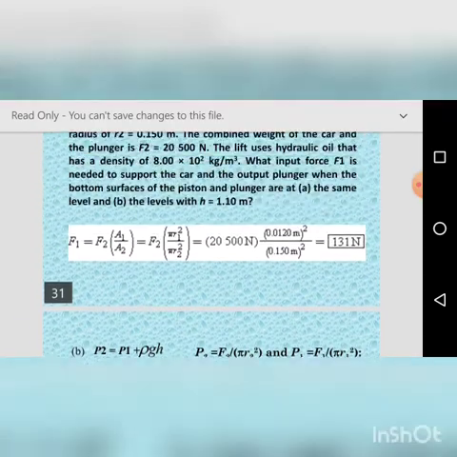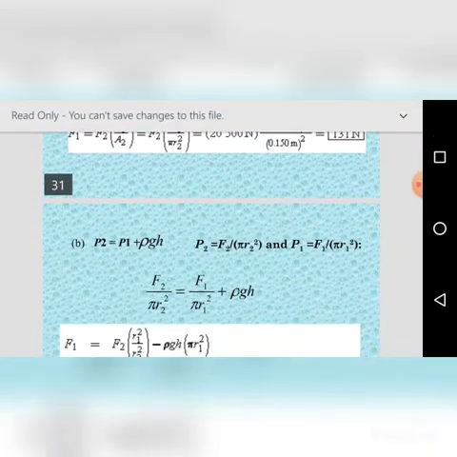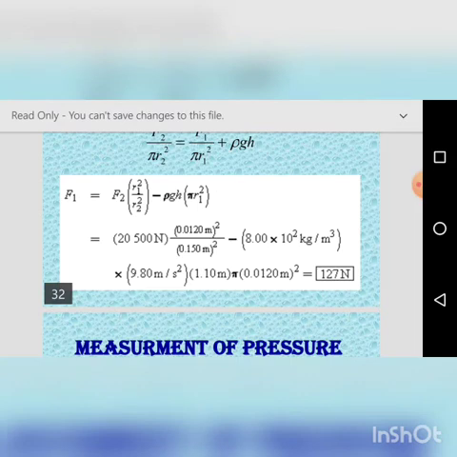If the levels differ with H equal to 1.1 meter, this is the formula, and the effort to be applied is 127 Newton using the formula shown above.